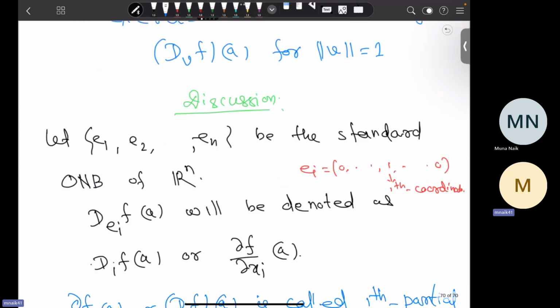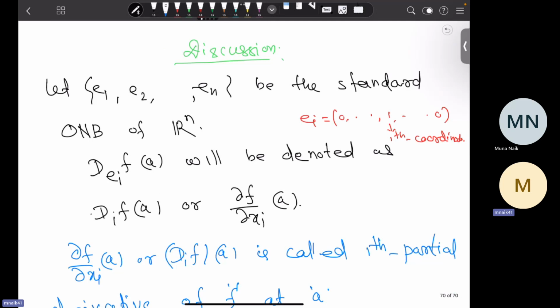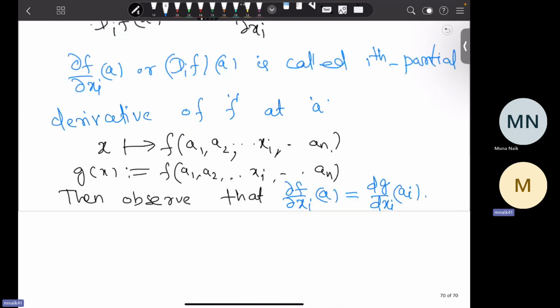This is a very pretty tool. So what I'm saying is that by the notation D_i f at a, this means the ith partial derivative at a, and this is nothing but D_ei f at a, the directional derivative of f in the direction ei.